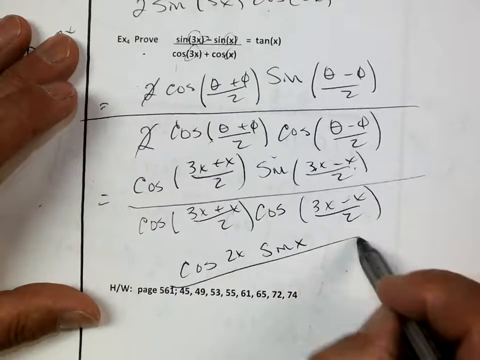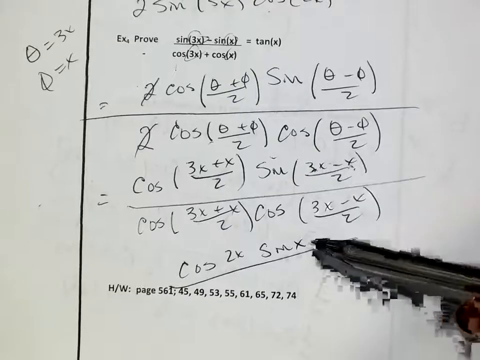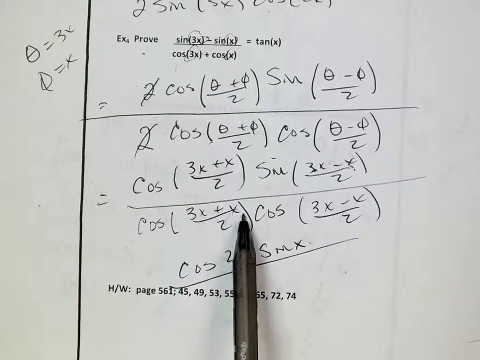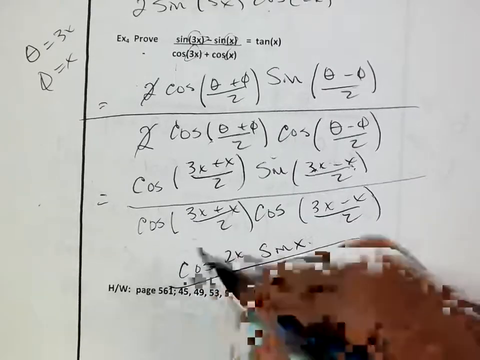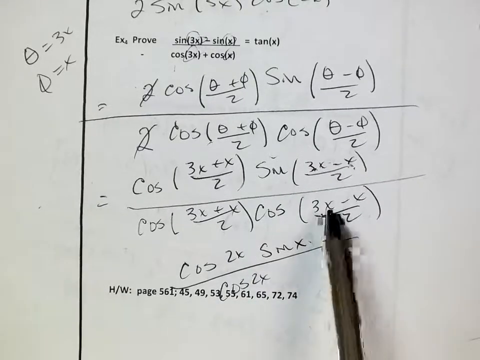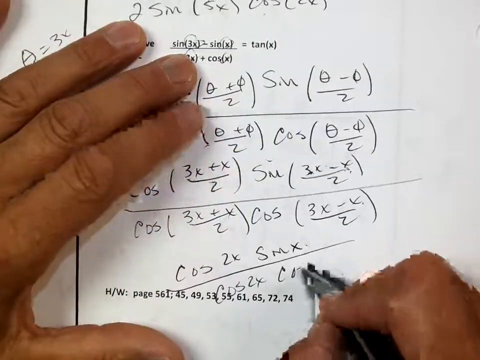In the bottom, or the denominator, 3 plus 1 is 4, divided by 2 is 2, so I'm going to have a cosine of 2x here. And then 3 minus 1 is 2, 2 divided by 2 is 1, so I'm going to have a cosine of x here.